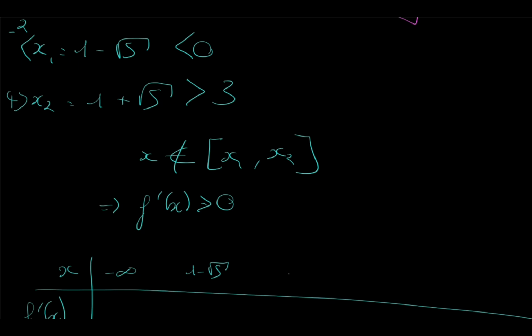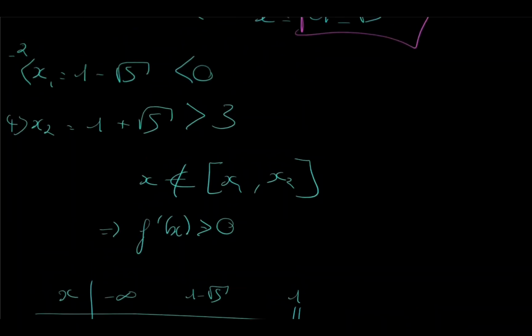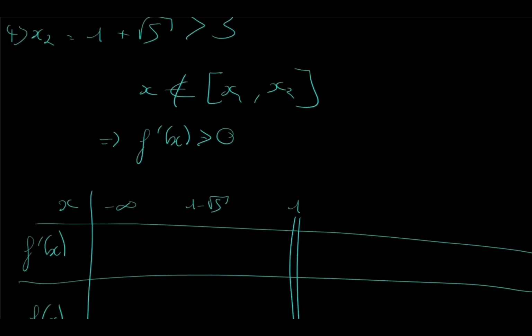The other one is 1, because this is the value where our function is not defined. We write it like that. And finally, 1 plus square root of 5, and finally plus infinity. Okay, we know that the derivative is equal to 0 at these values, and that we've got something positive outside of the values and negative inside of the values.